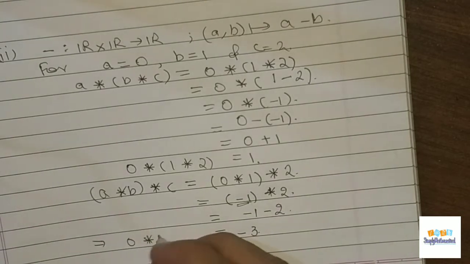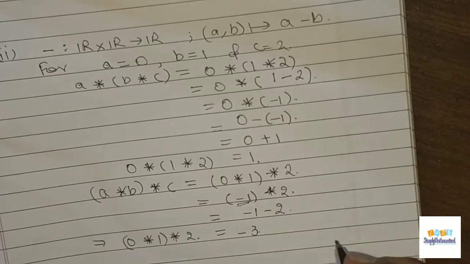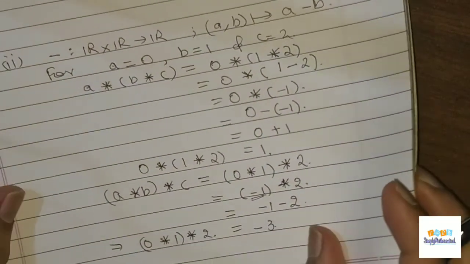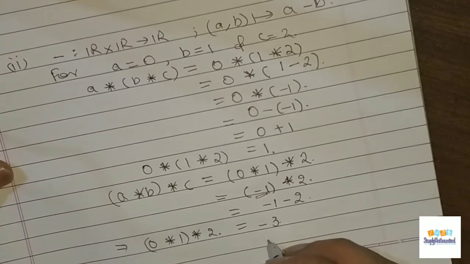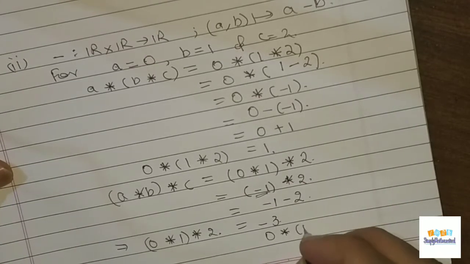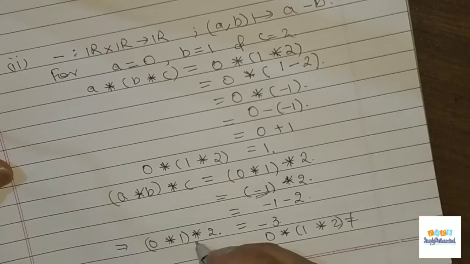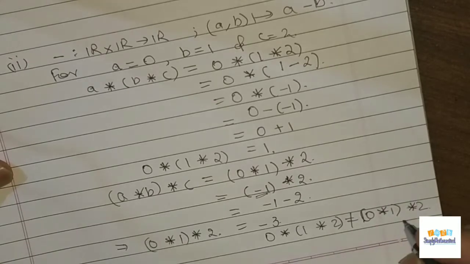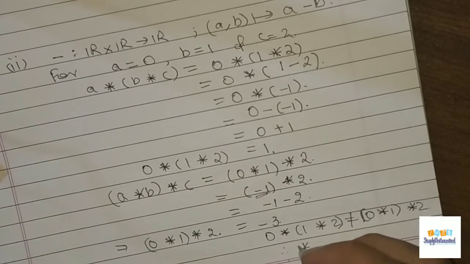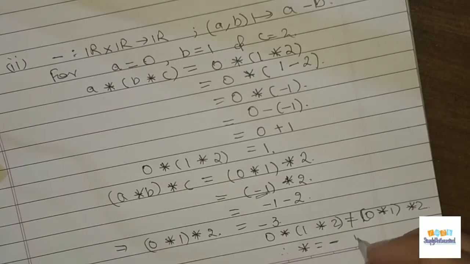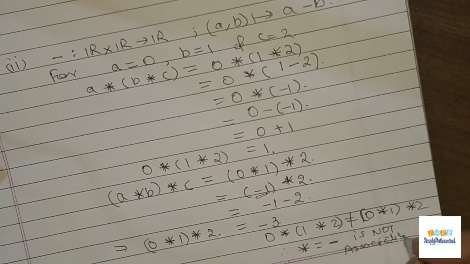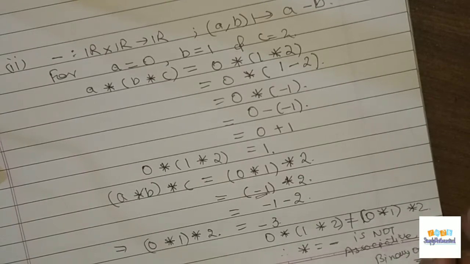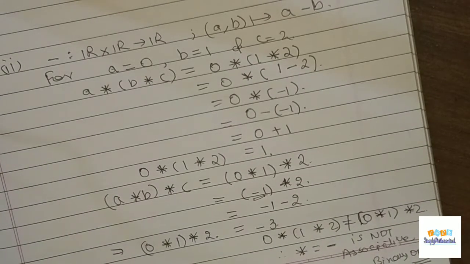So (0 star 1) star 2 is equal to minus 3. So what you got is (0 star 1) star 2 is not equal to 0 star (1 star 2). Therefore this star, which is nothing but subtraction, is not an associative binary operation. So this is one non-example we saw.